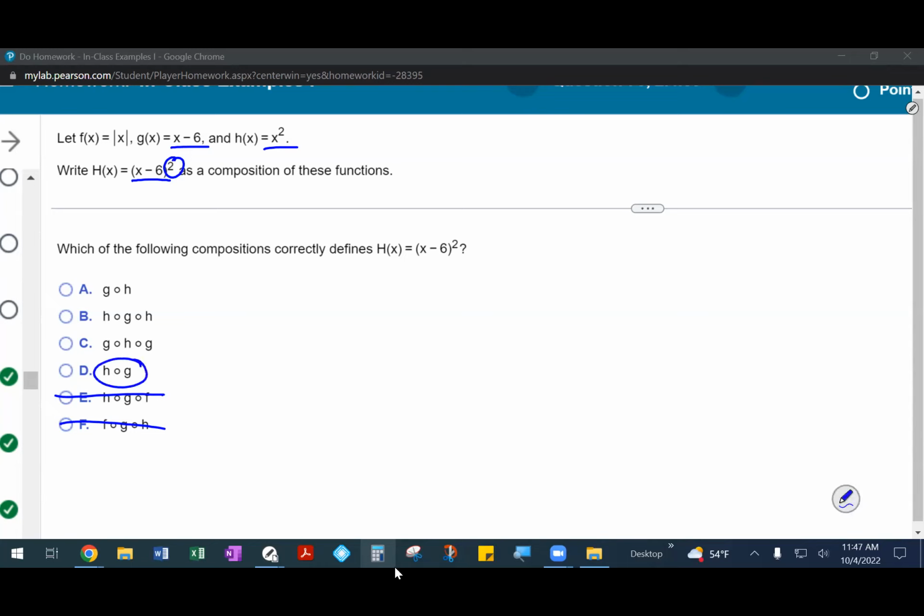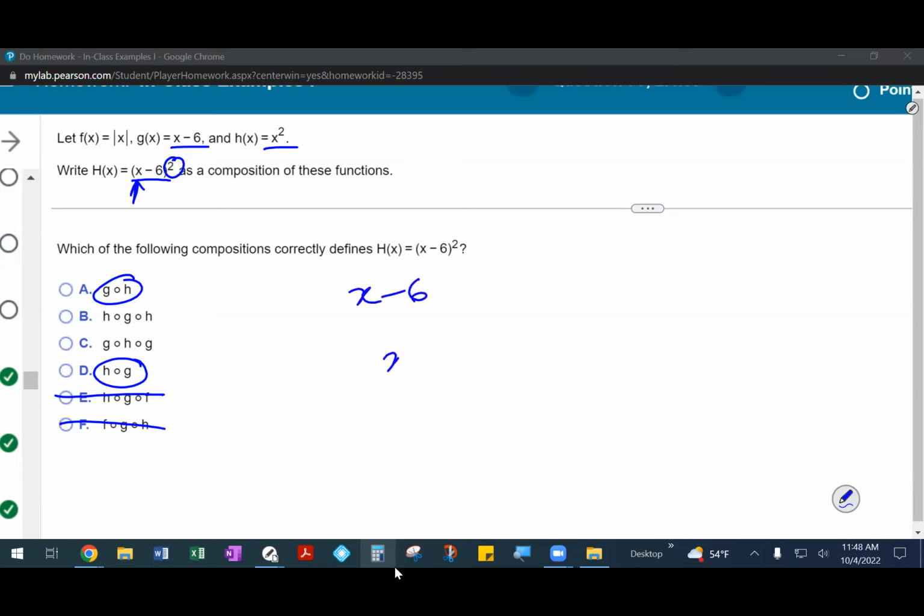Okay. Anybody else? A or B? No, because don't you have to put the subtraction first? Very nice. Remember how you would solve this if you knew the x value, right? You would do the subtraction first and then the square, because if you knew the x value, the first thing we would do is the subtraction.